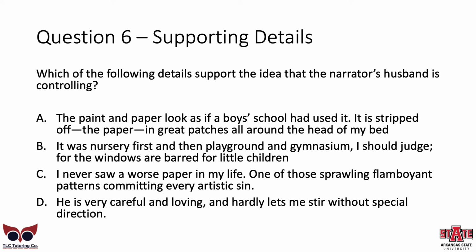B. It was a nursery first, then playground and gymnasium, I should judge, for the windows are barred for little children. C. I never saw worse paper in my life, one of those sprawling, flamboyant patterns committing every artistic sin. Or D. He is very careful and loving, and hardly lets me stir without special direction.